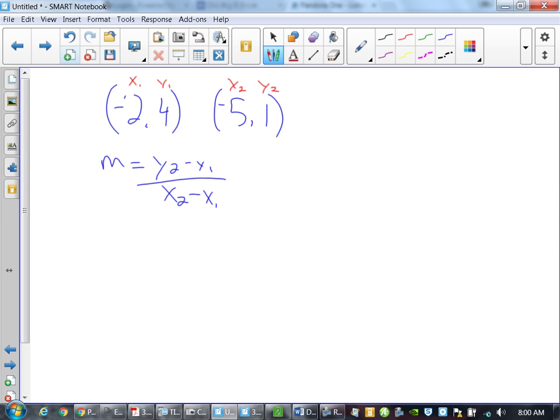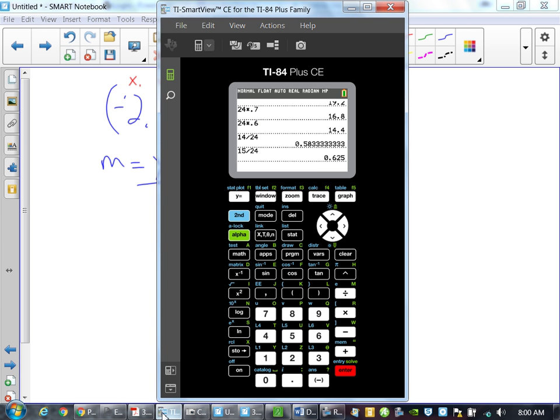When you have the formula in front of you and everything's labeled out, it's a matter of quite literally filling it in, because you know where everything goes. 1 minus 4, -5 minus -2. Now, like I've been saying, for those of you that wind up with the calculator, there's a fraction bar.